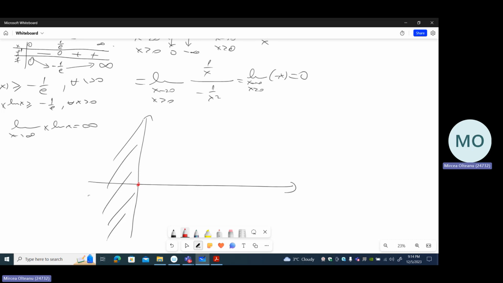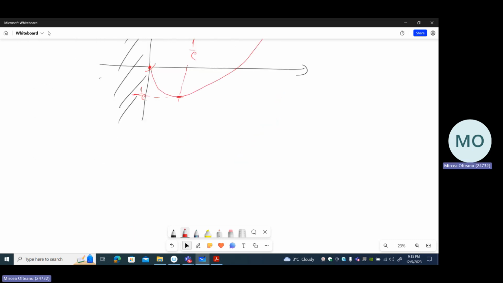This point doesn't belong to the graph. At 1 over e, it takes the value minus 1 over e, so here. And then it is increasing to infinity. So the graph will be something like this. Of course, this point is not on the graph. Okay. Let's consider another example.